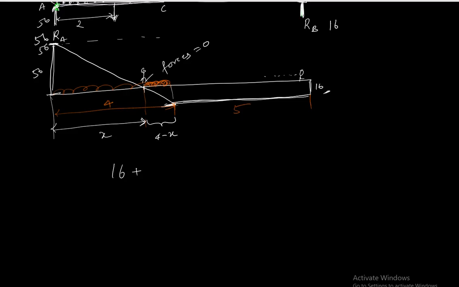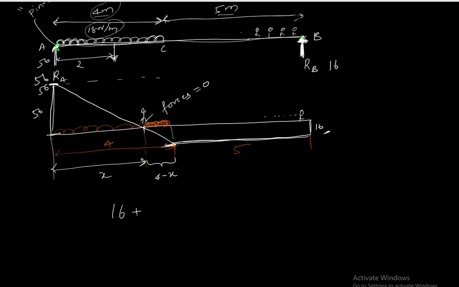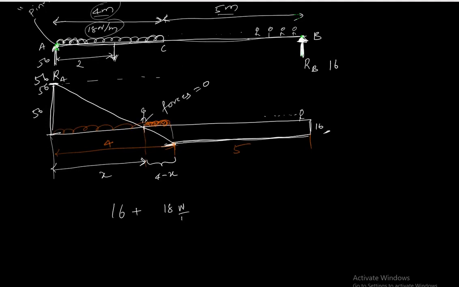We find that weight by taking the 18 Newton per meter, right? So that means 18 Newton per meter is the distribution, right?